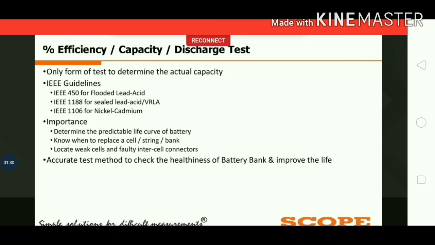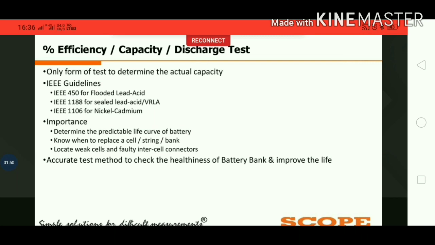What is the importance of this capacity or discharge test? The importance is to determine the predictable life curve of the battery, that is, the life remaining of the battery. With the help of the discharge test, you can always know when to replace a cell, string, or even a bank.